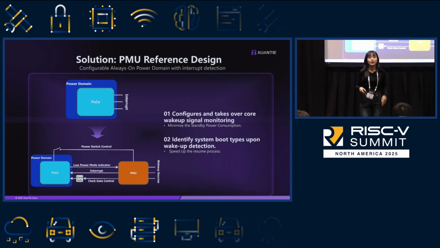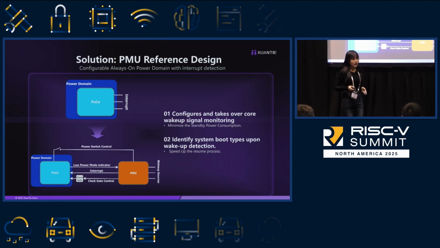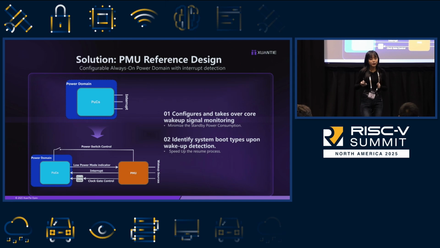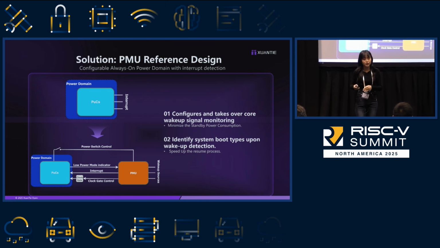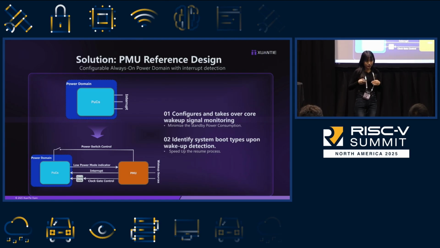We have a PMU reference design in our SoCs. What it does is it will be notified by the system controller. Before the system controller goes to WFI, a flag is set, which says that the system is about to go into sleep.